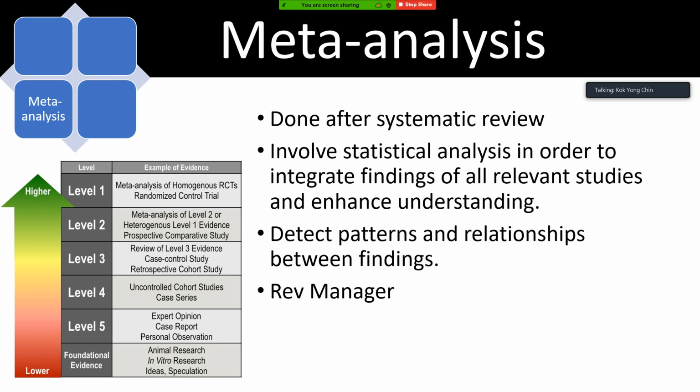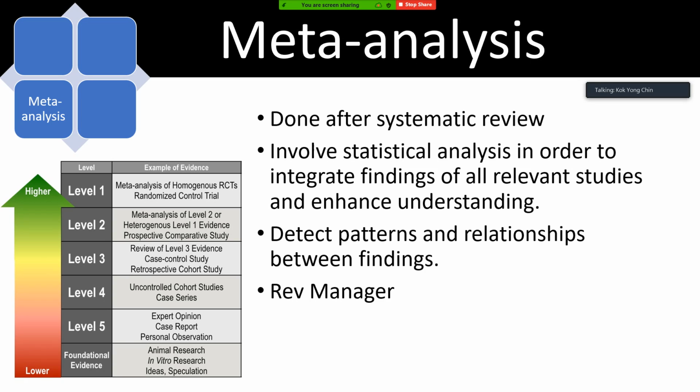A meta-analysis is one step further in the systematic review process, whereby they use certain statistical software, for example Review Manager, to perform statistical analysis in order to integrate findings from all relevant studies and enhance understanding.